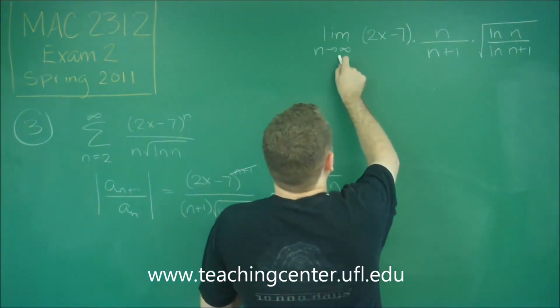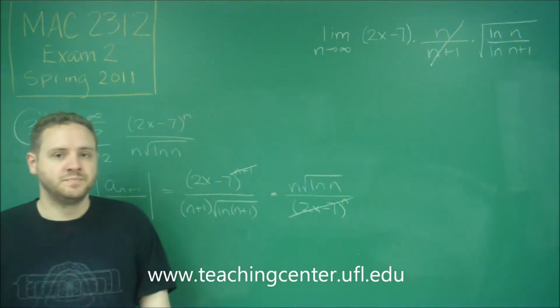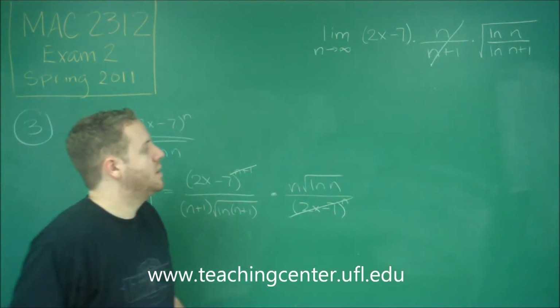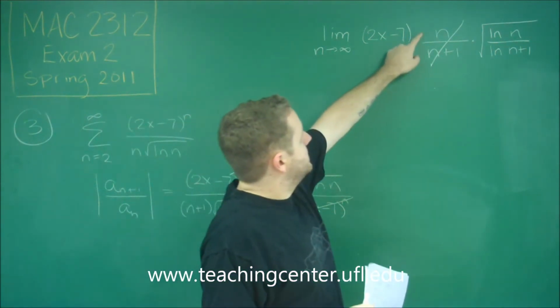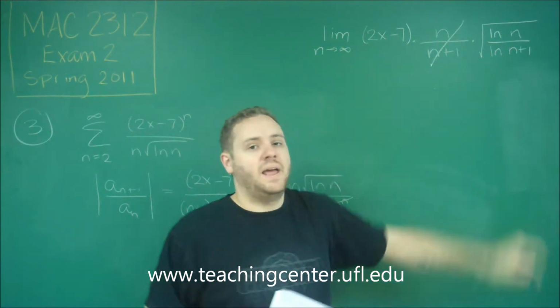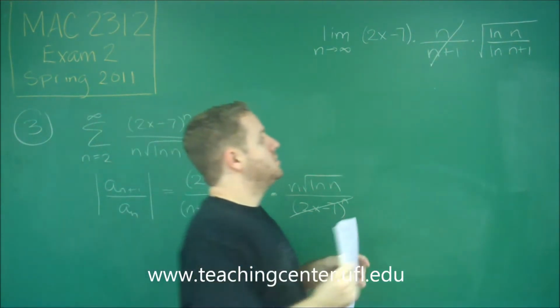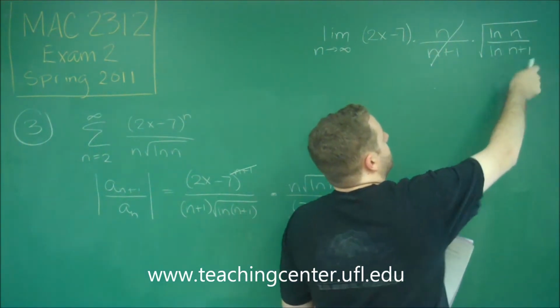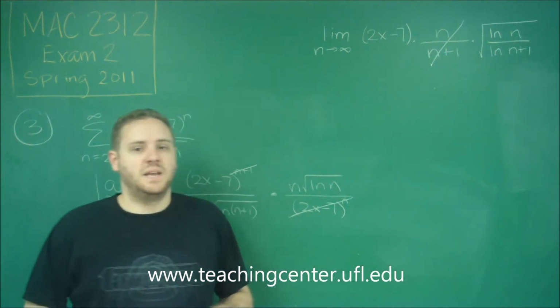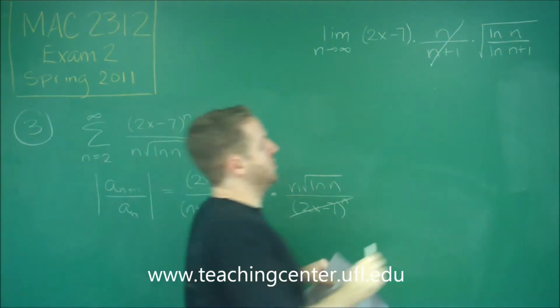As n goes to infinity, this is 1, so you're multiplying by 1, that doesn't matter. By the same token, if this is equal to 1 as n goes to infinity, that means n plus 1 and n are the same as n goes to infinity. So you're doing ln of one of them over ln of the other. If those things are the same, then the ln's of them are the same, and that fraction is also 1.